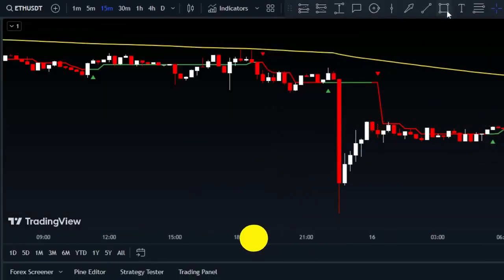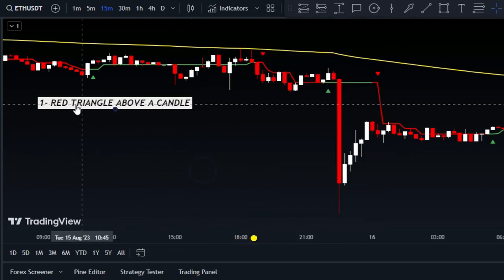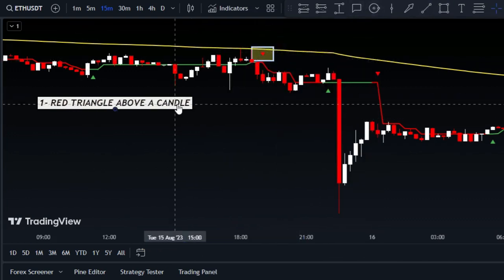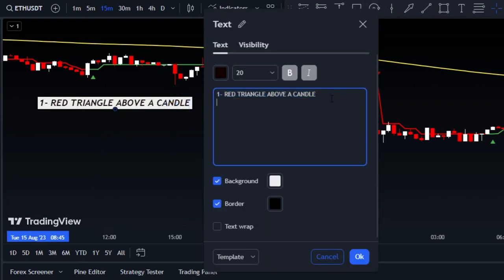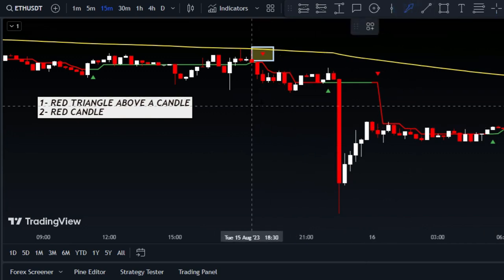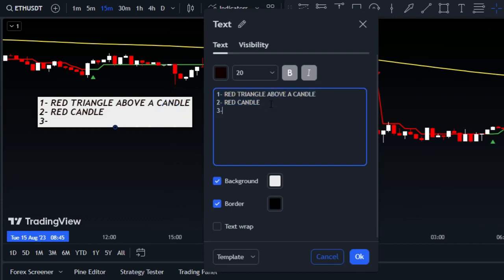First, let's take a look at the short trade rules. To kickstart a short trade, simply look for a red triangle positioned above a candle on the chart. Next, make sure the candle itself is red. In the following step, confirm the bearish trend, ensuring the price is below the 200 period moving average.